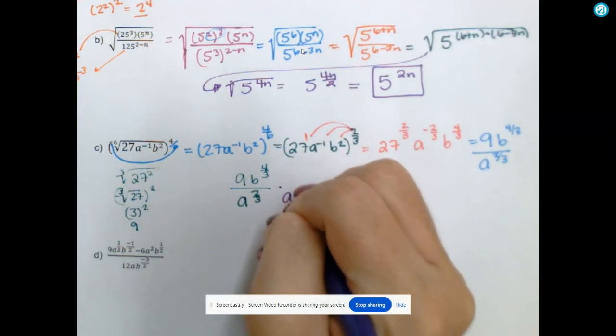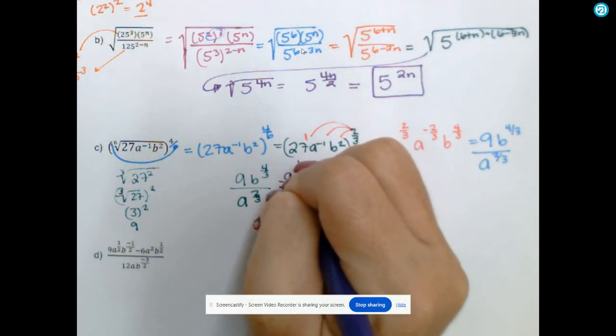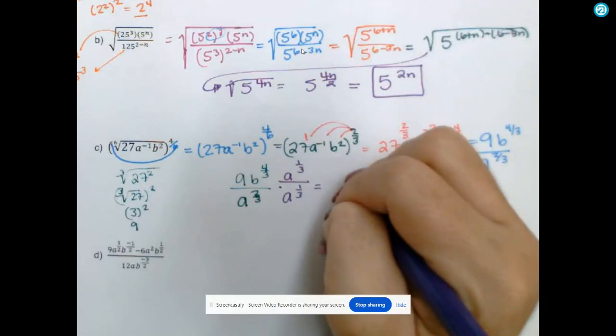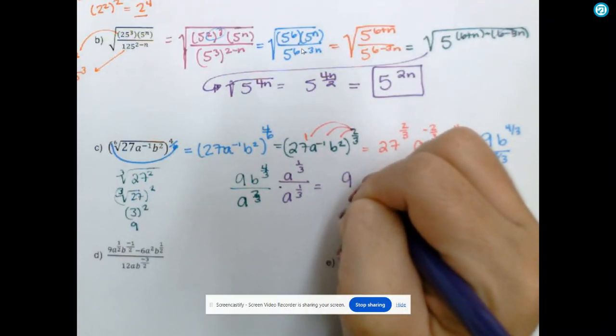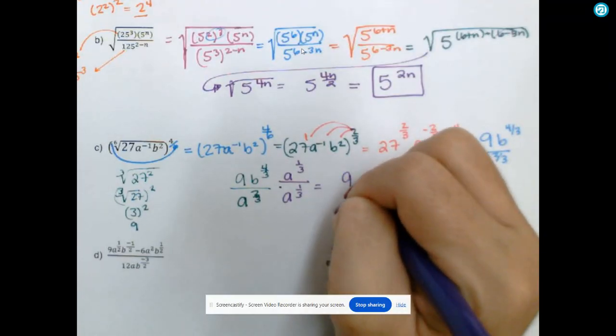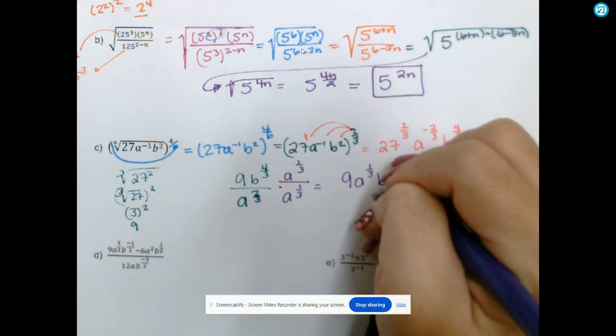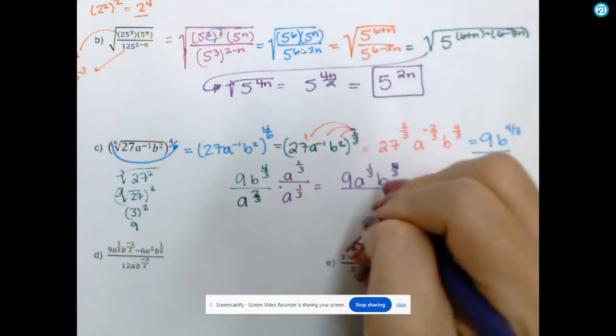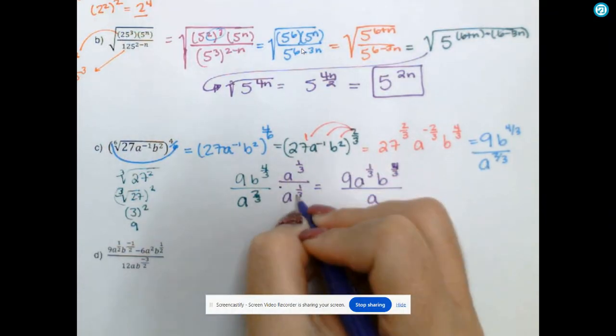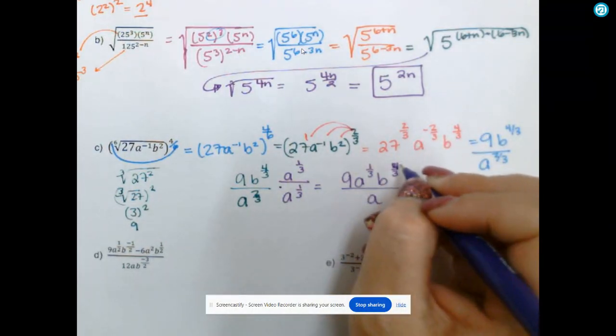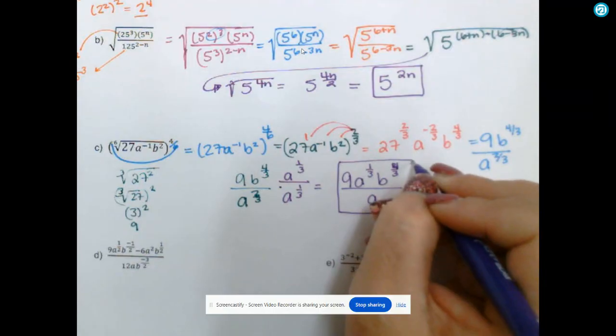So we're going to multiply the top and the bottom by a to the 1/3, which is going to give me 9 a to the 1/3 b to the 4/3, all over a, because 2/3 plus 1/3 is 1. Now we don't have a fractional exponent in our denominator, so we are good to go.